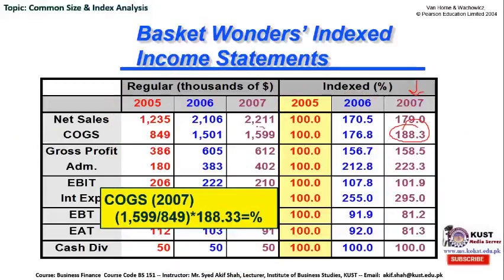So the formula is to divide the relevant or expected year's cost of goods sold, the year where we would like to calculate the index value, with the base year's cost of goods sold, as done in this formula in the yellow box, and then multiply this by 100, which will give you 188.33% of cost of goods sold.